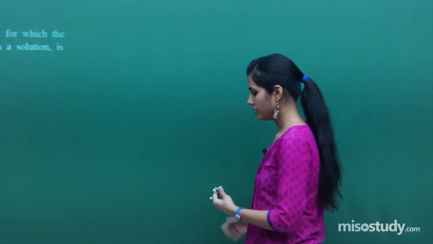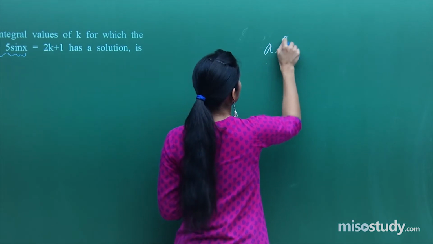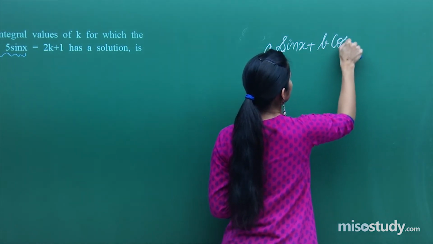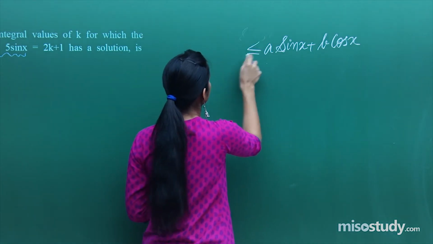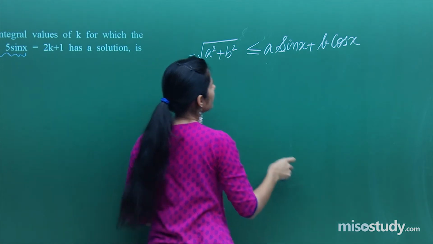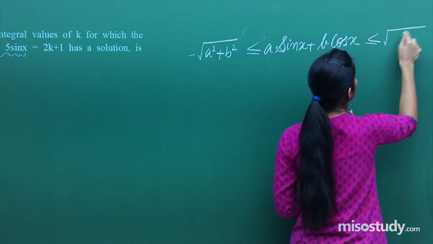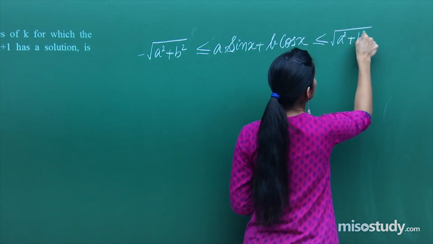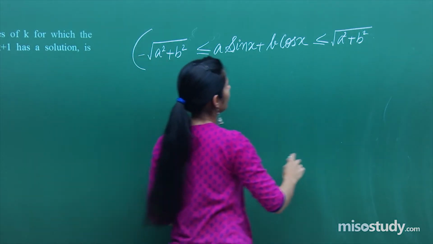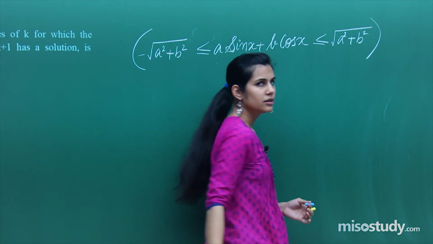Well, a sin x plus b cos x was always greater than or equal to minus under root a square plus b square and was always less than or equal to under root a square plus b square. That was what was always true. Fine.